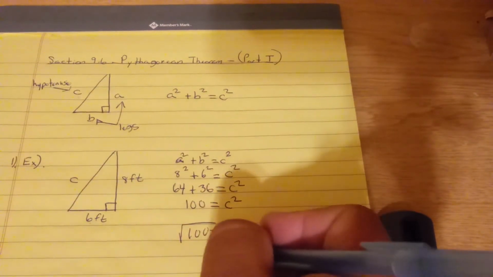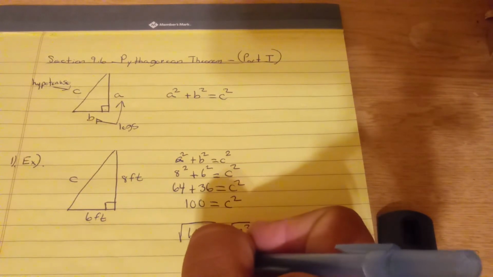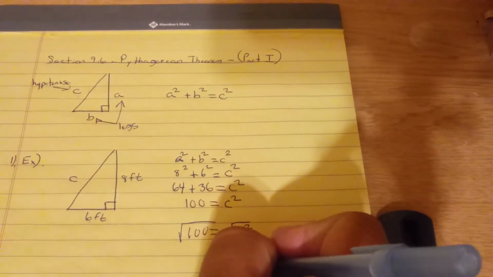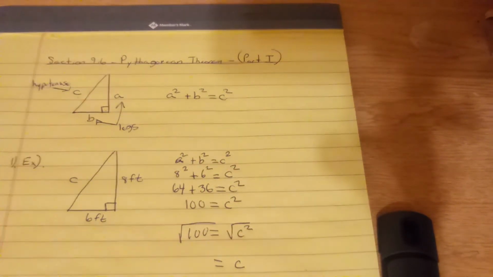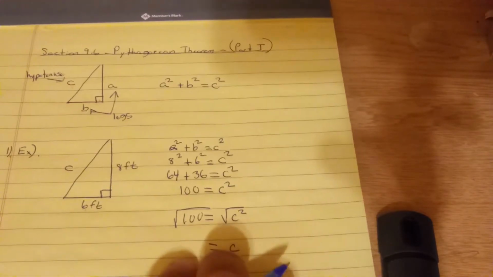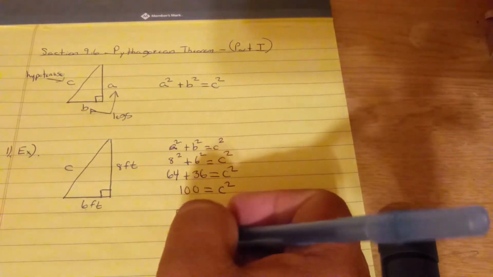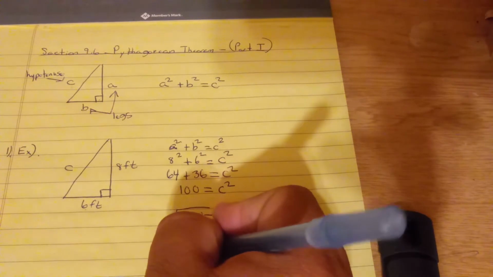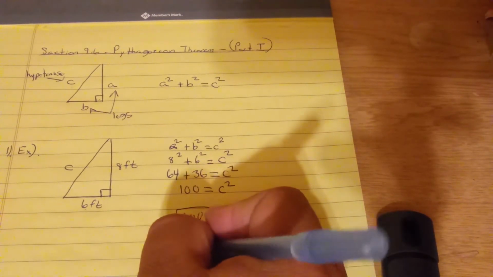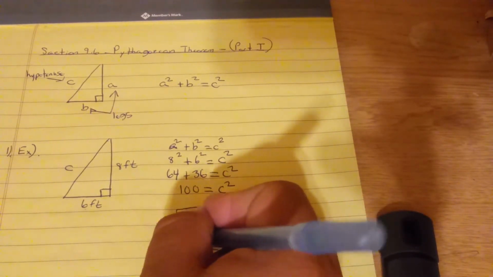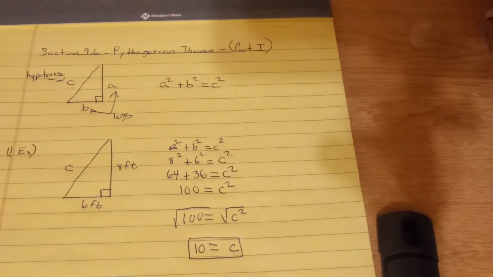The square root of c squared will just simply be c. And the square root of 100, we already know that 10 times 10 will give you 100. So it'll just simply be 10. And that would be your answer right there. C equals 10. So once again, not too difficult.